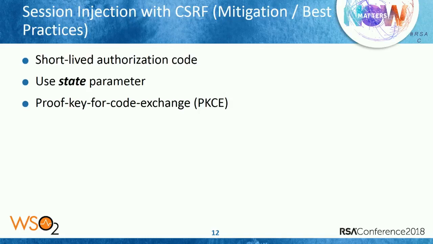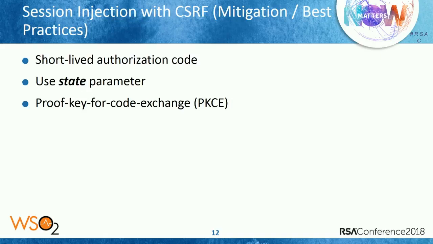Now when the client application gets the authorization code, it has to talk to the token endpoint and pass both the code and the code verifier, right? So if you are not supporting PKCE, you only need to pass the authorization code. But if you support PKCE, then you need to send both the code verifier and the code to the token endpoint to get an access token.